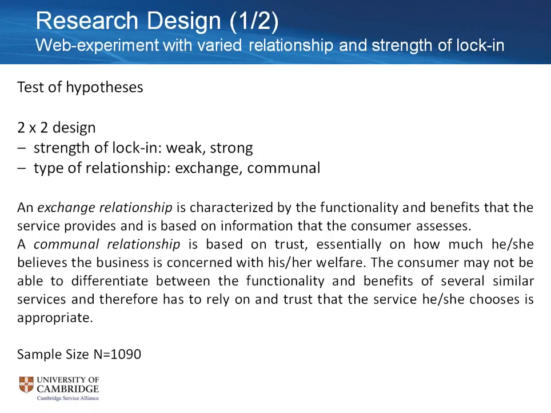And the second thing that we manipulated was the type of relationship that the company has with the customer, or in particular with the service. So this relationship can either be a so-called exchange relationship, which is characterized by the functionality and benefits that the service itself provides.